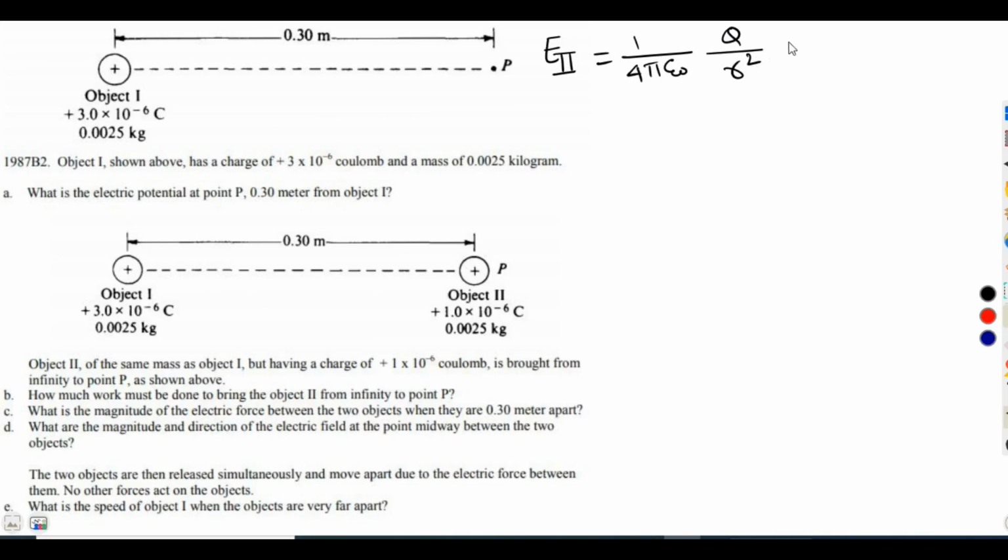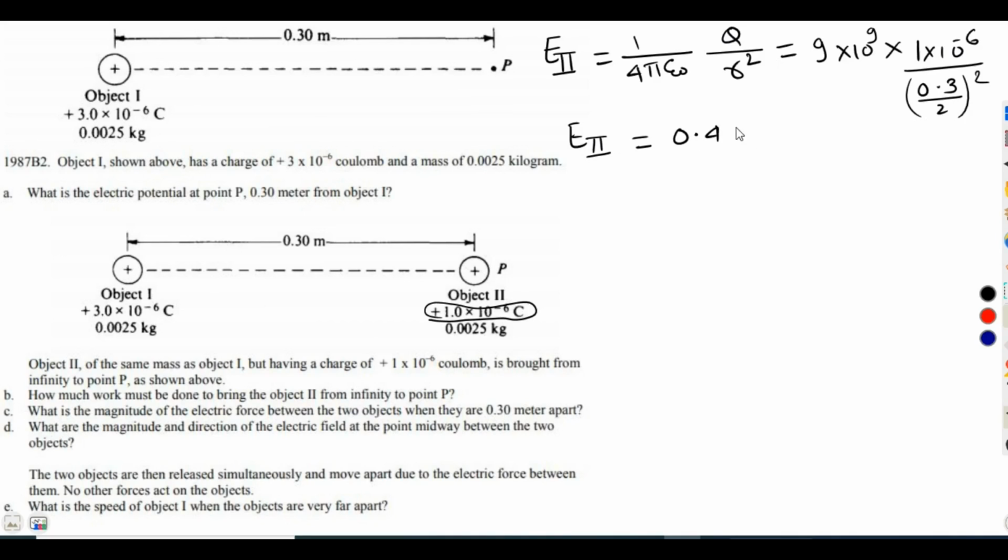So this will be 9 into 10 raised to power 9 into Q, which is 1 into 10 raised to power minus 6, upon the distance 0.3 divided by 2 whole square. After calculating this, we will get the second part of the electric field, that is 0.4 into 10 raised to power 6 Newton per Coulomb.